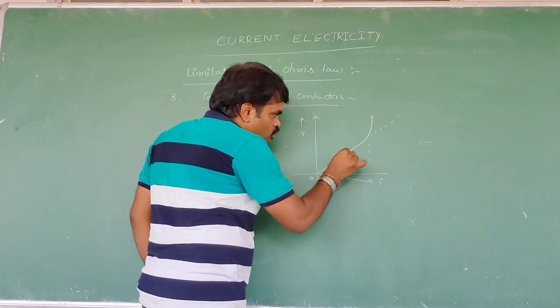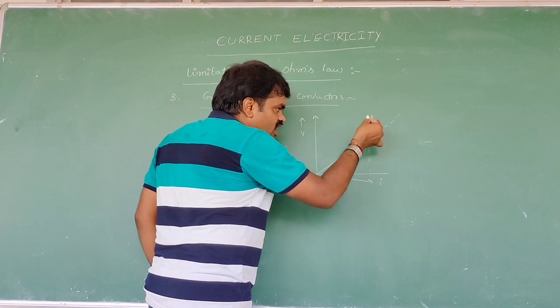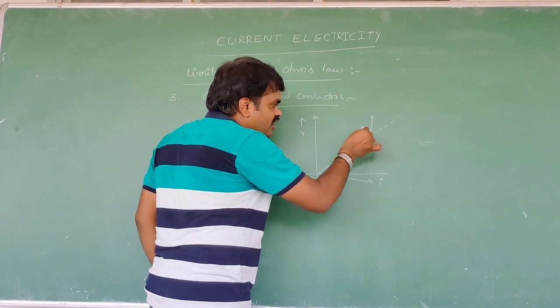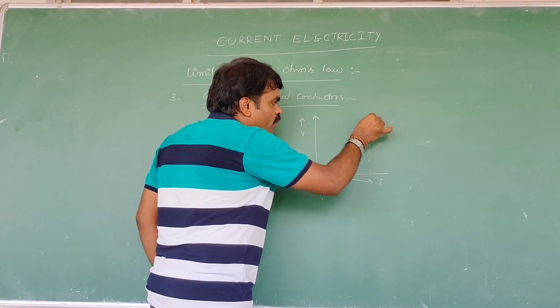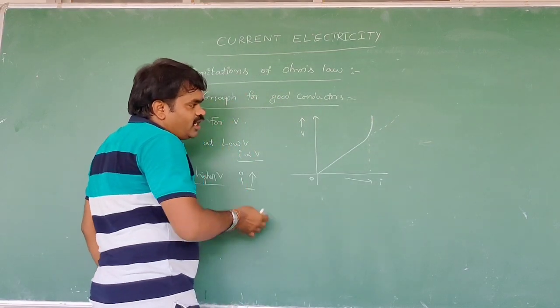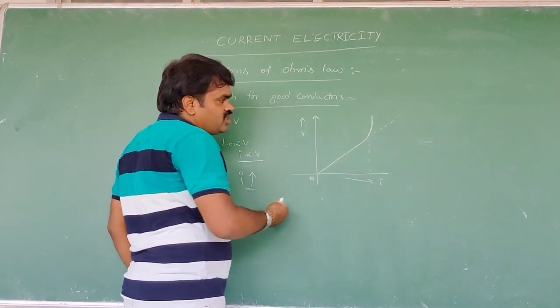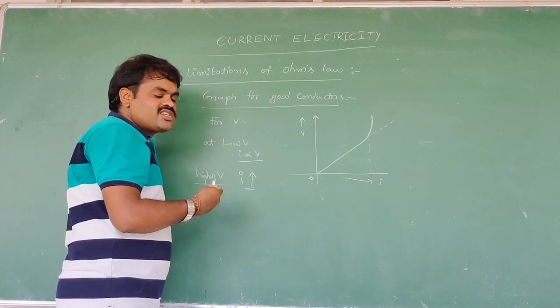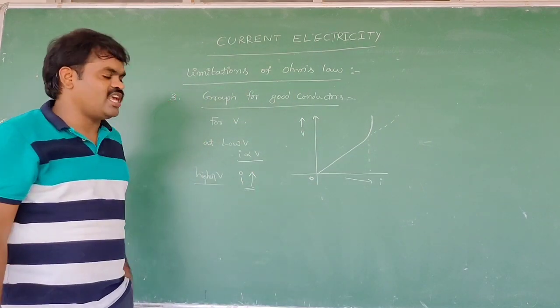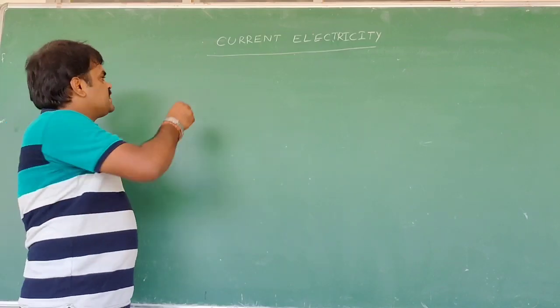At low values it is linear, but after the higher values of the potential, the graph forms a curve. But the dashed line, which is a straight line, represents Ohm's law.